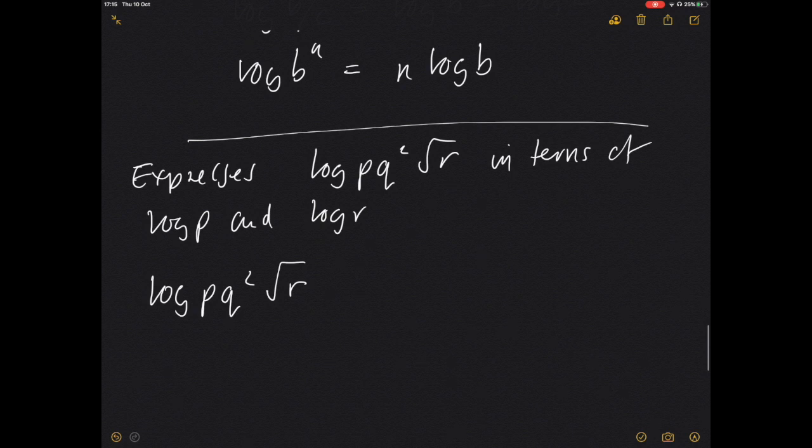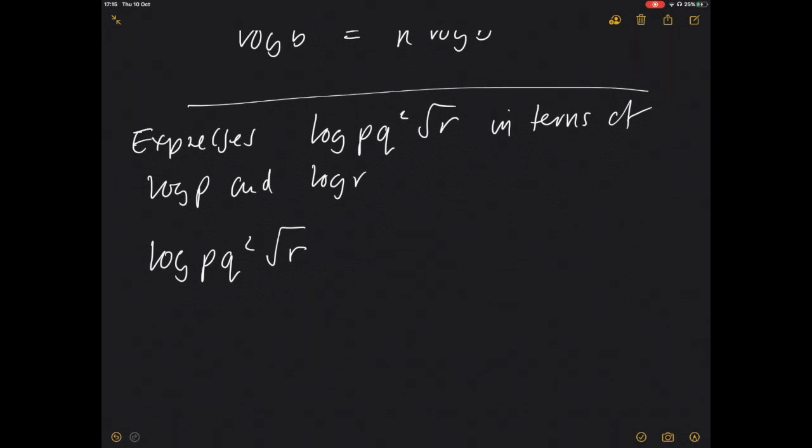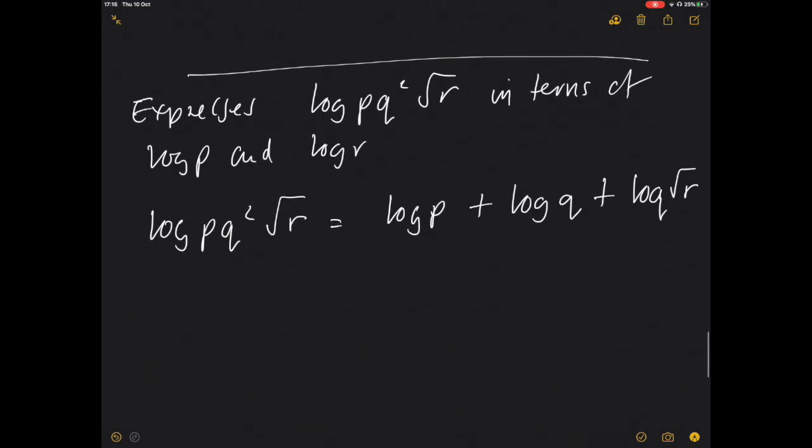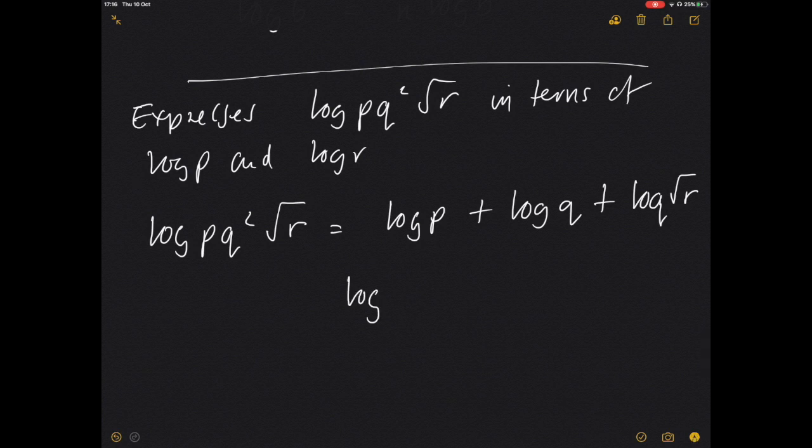That is the same as log P plus log Q squared plus log of the square root of R, which would be the same as log P plus 2 log Q plus a half log R.